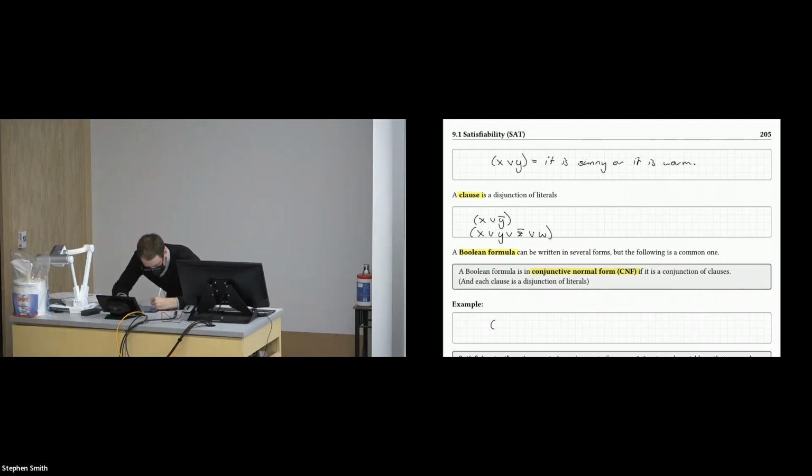So you could write it as, let's say, X or Y or not Z, that's one clause, and X or not Y, and that would be an example. That's clause 1, clause 2, that's an and, those are ors.